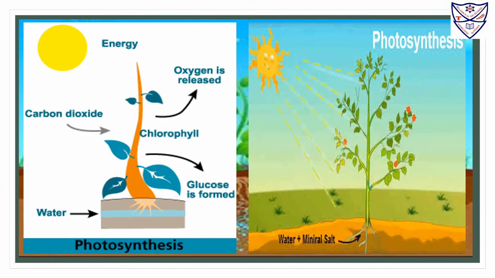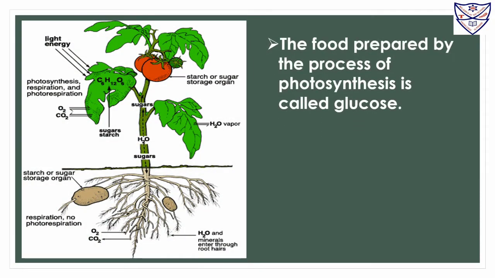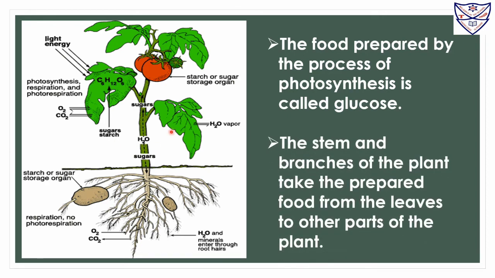Now, storage of food by plants. The food prepared by the process of photosynthesis is called glucose. The stem and the branches of the plants take the prepared food from the leaf. Here you can see the stem and branches.